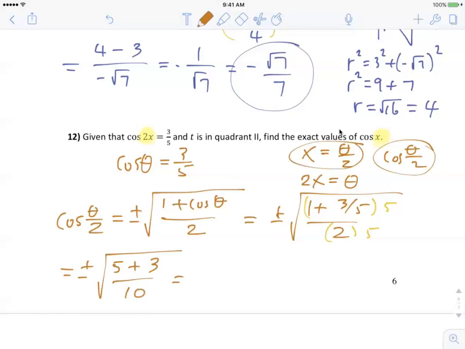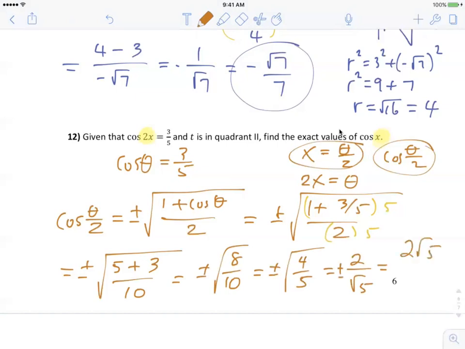Right. And then this is plus or minus the square root of 8/10, which reduces the fraction 8/10 is 4/5. And then square root of 4 is 2. 2 over square root of 5. Rationalize, 2 root 5 over 5.